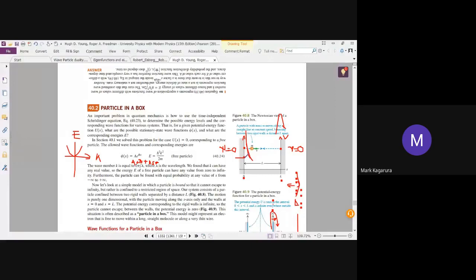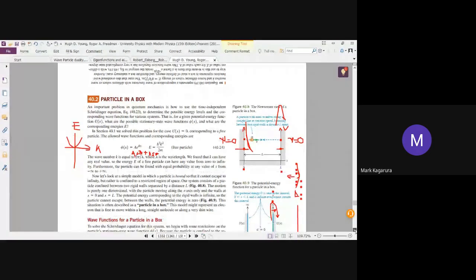So the value at this wall must be the same value going into this side. We don't know what happens exactly, but all we know is that the value on this side must be equal to the value on that side. You remember this from the earlier video, and from what we discussed in the last lecture. So that is why epsilon is equal to 0 at this boundary and also at this boundary.